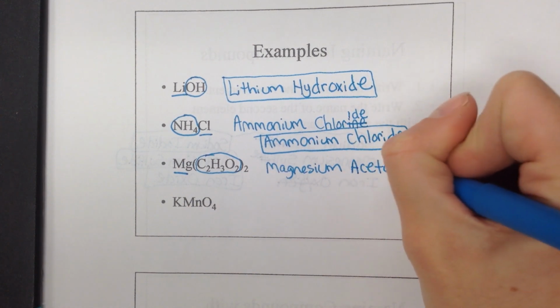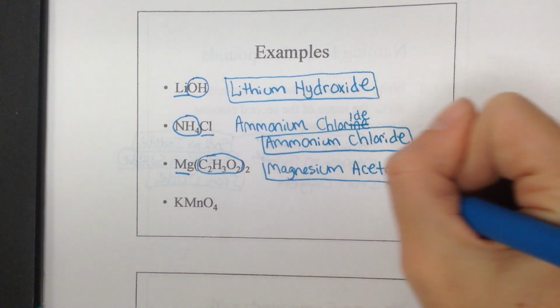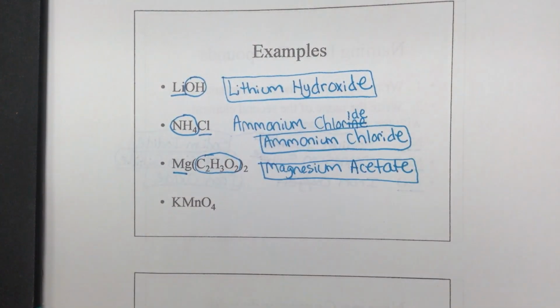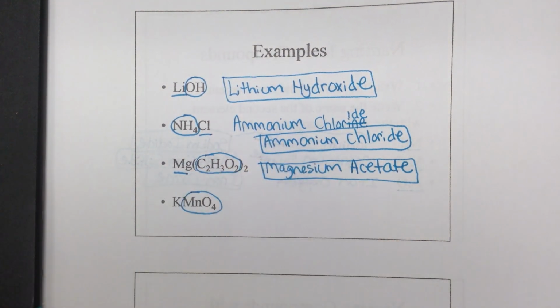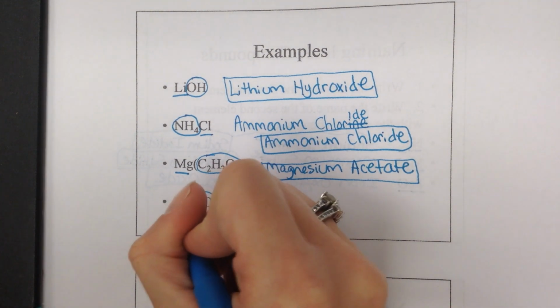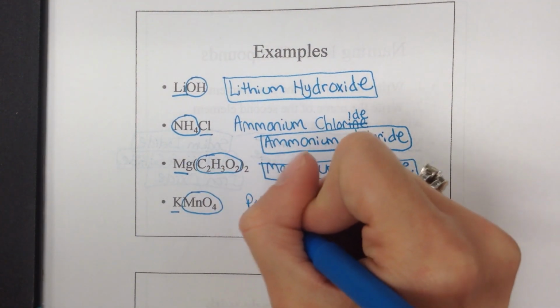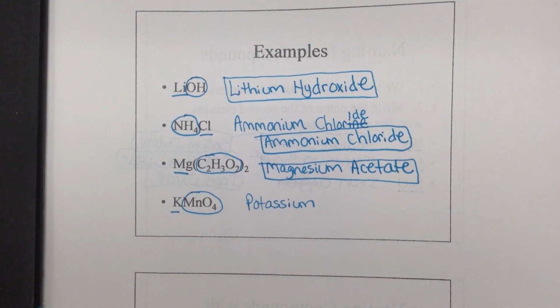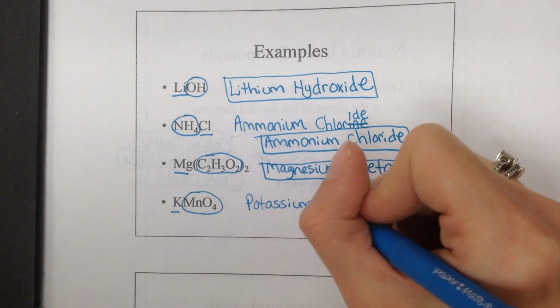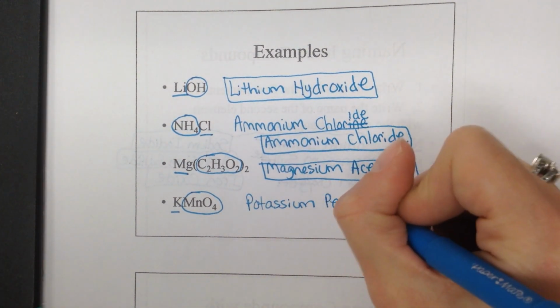That is acetate. Okay, and the last one, I see a poly, MnO4. So you name the first element as is. That K there is potassium. And then MnO4 is a poly, and that is permanganate, and you name it as is because it's a poly.